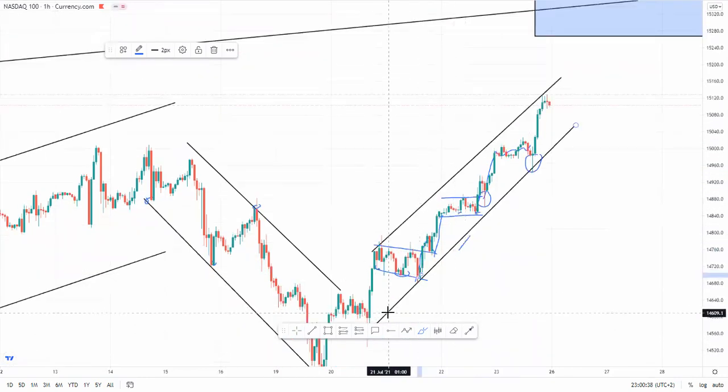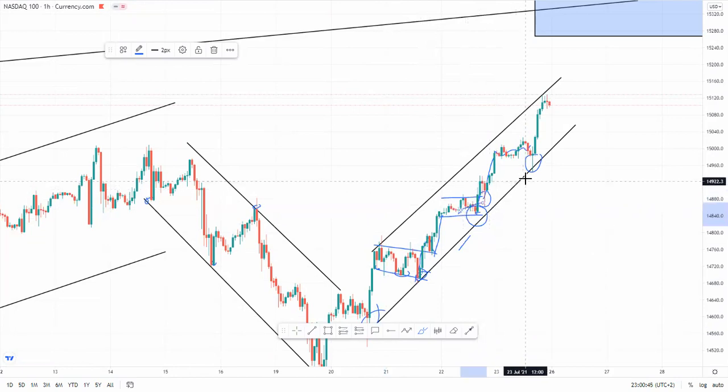So your first touch here, second touch, I'll see this as my third touch, to give us a fourth touch here before making a push to the upside.